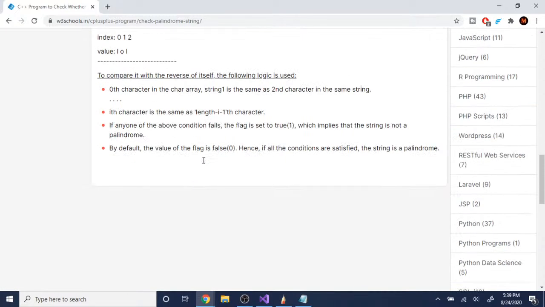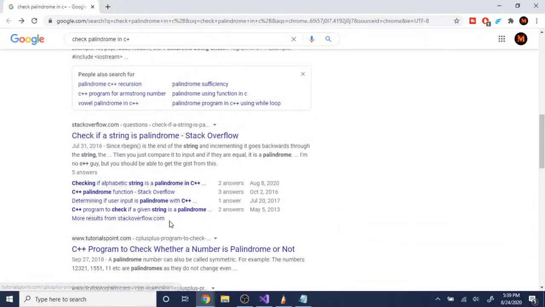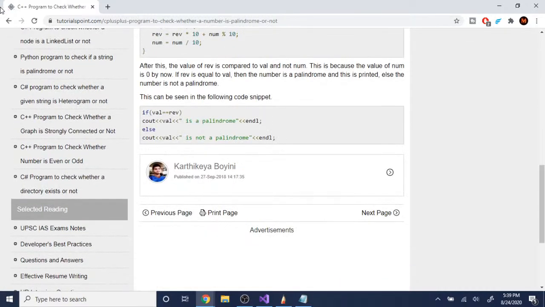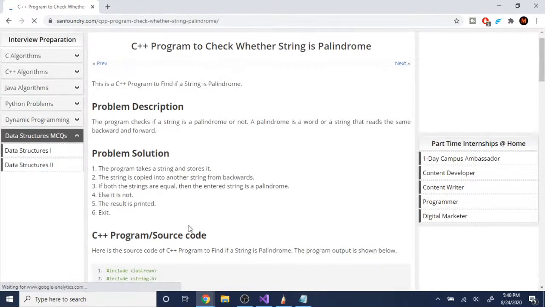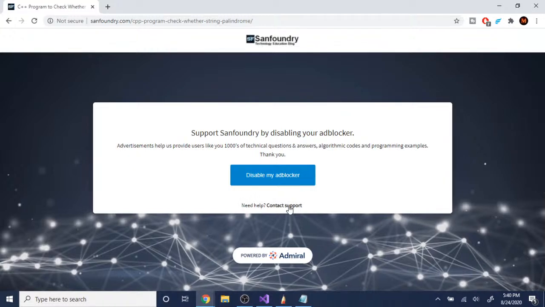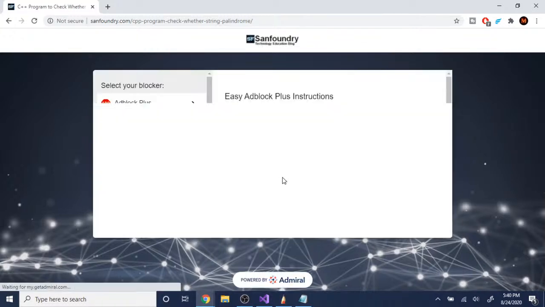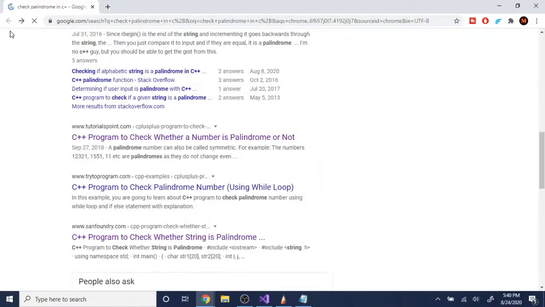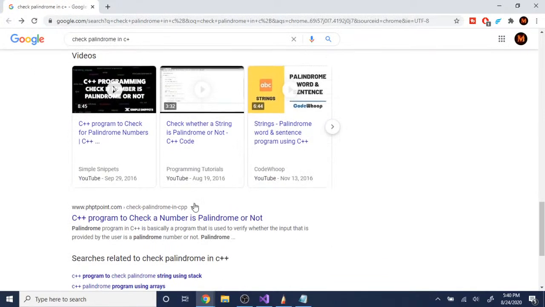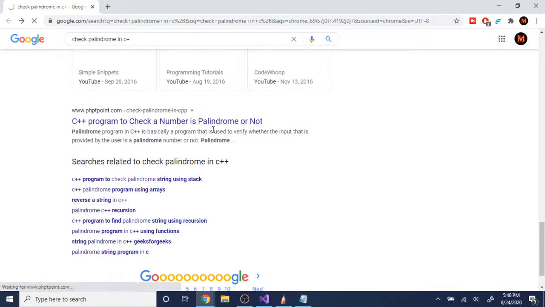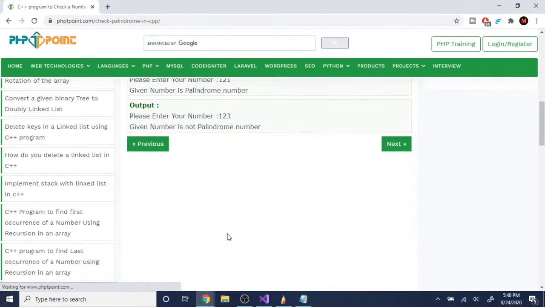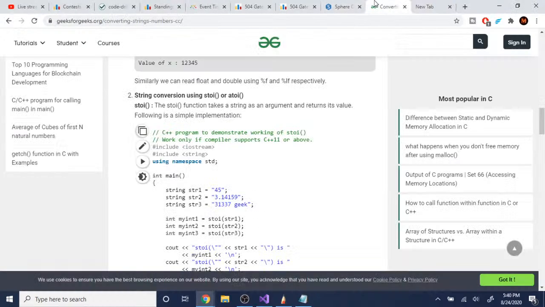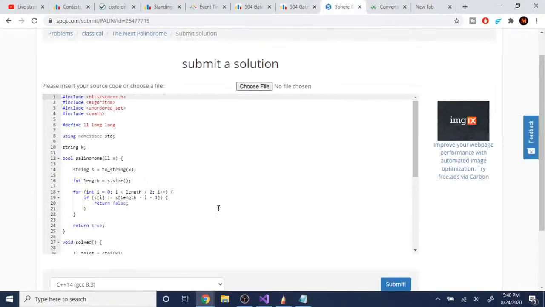Pretty sure it's length over 2 though. Oh boy. How did I get a runtime error?